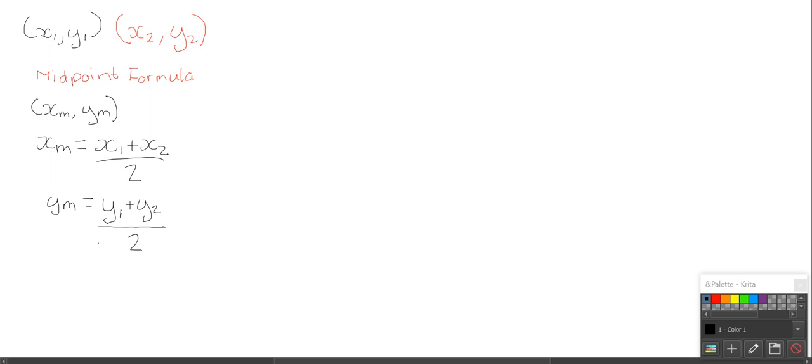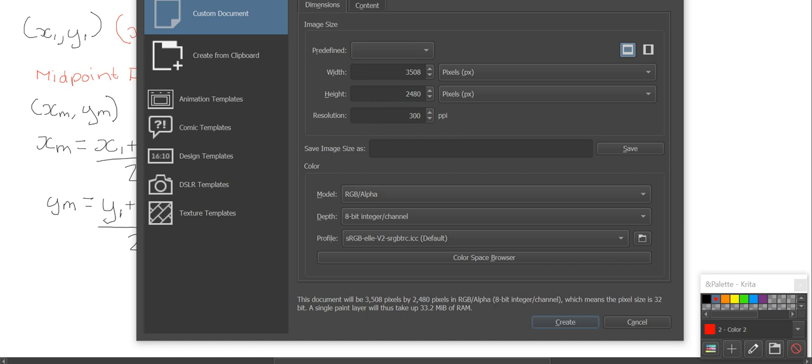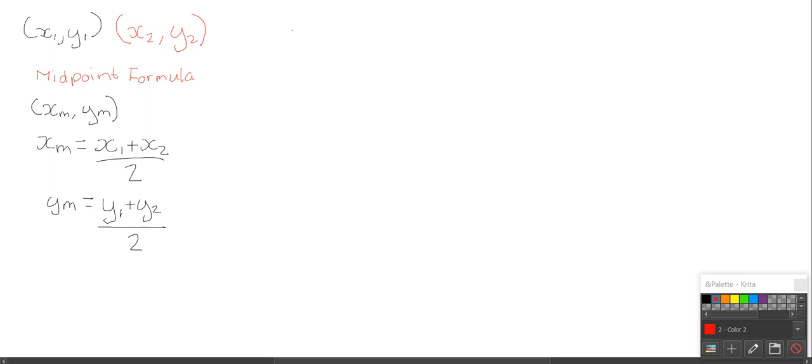Now if I was to use this for an example, let's say I had point 1, I will do in red over here. Cancel that, go away. I'm learning to use my software, sorry guys.